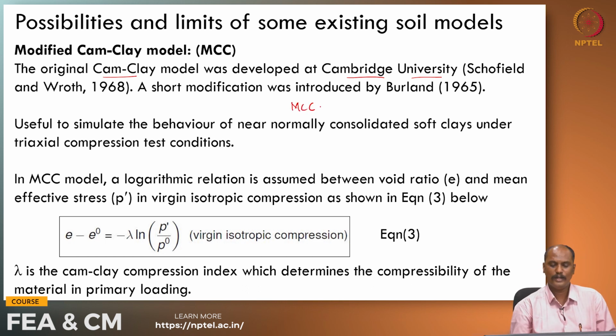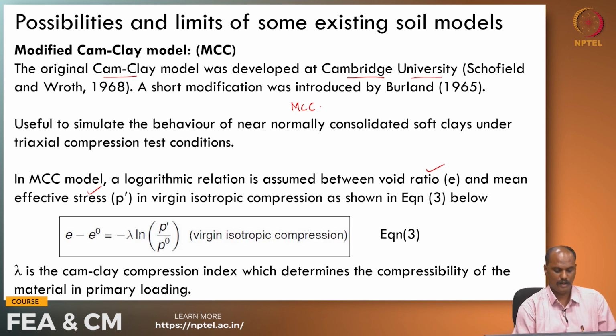It is useful to simulate the behavior of near normally consolidated soft clays or normally consolidated soft clays under triaxial compression test conditions. In this particular model, there is an assumption that there is a logarithmic relationship existing between the void ratio e and the mean effective stress p'. This p' is nothing but (sigma 1 + sigma 2 + sigma 3)/3, the mean effective stress, and the void ratio in virgin isotropic compression state is as shown in the equation.